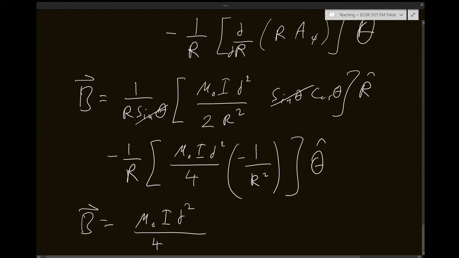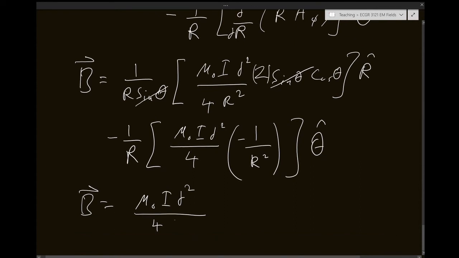So I need to make those match. So I multiply by 2, and I multiply by 2 here, just to make the denominators match. So I end up with 4r cubed on the denominators, a common denominator between the two terms, and then mu I d squared. I take that out, and the minus cancels with the minus. This becomes a plus.